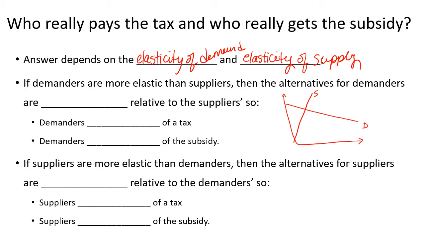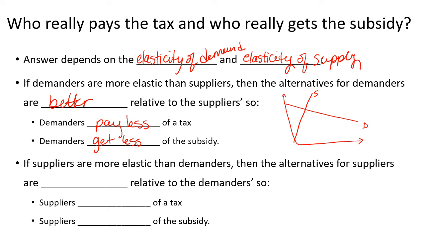So better options. So this is something they could easily switch to another item or something like that. And since they can move to a different market, they're going to have to pay less of a tax. However, because they also can move to another market, they're not a captive audience, that means demanders get less of the subsidy.